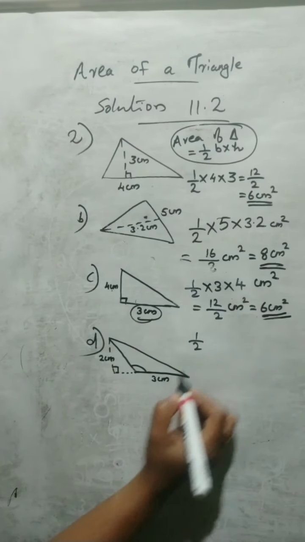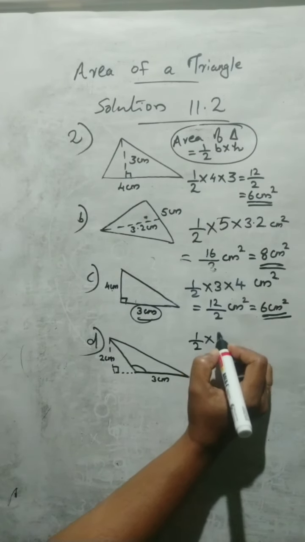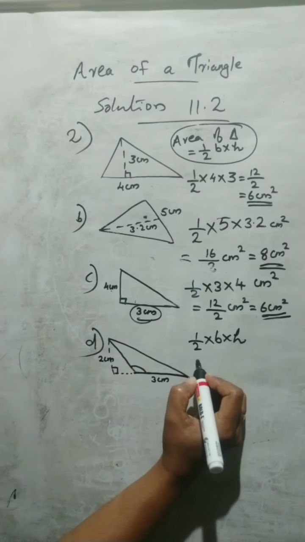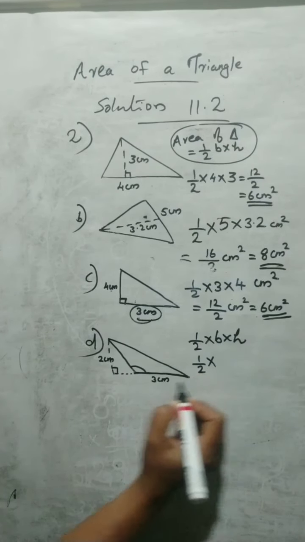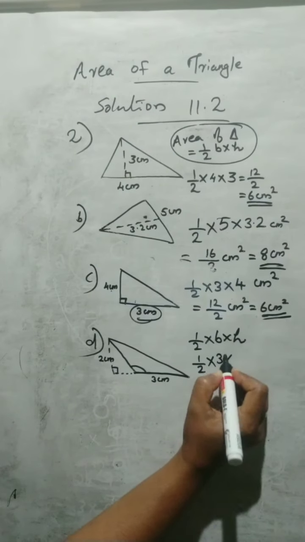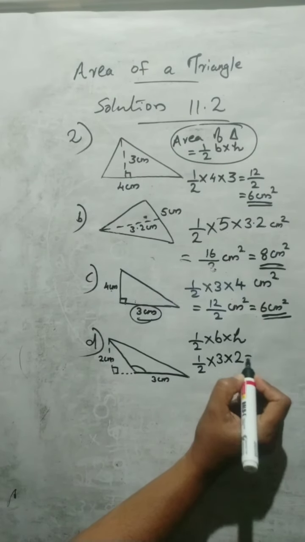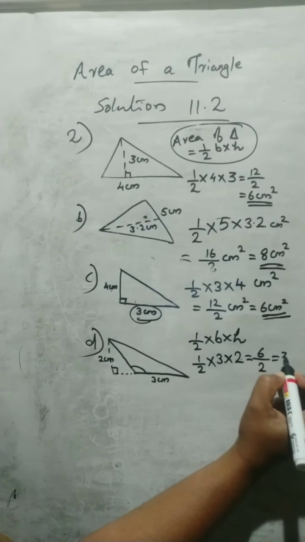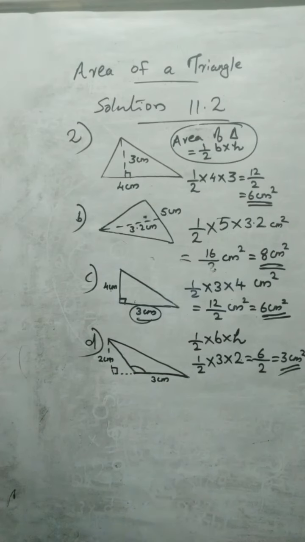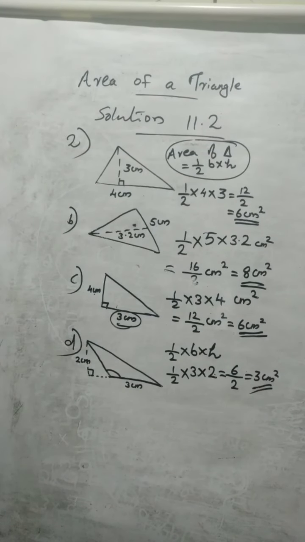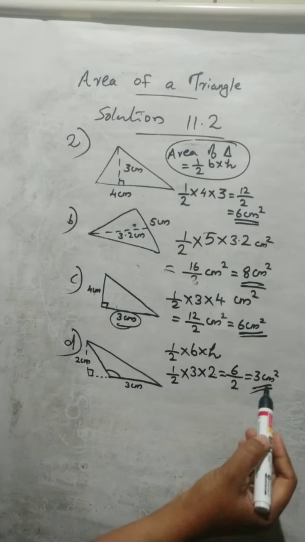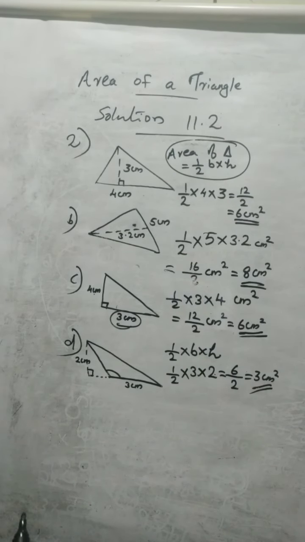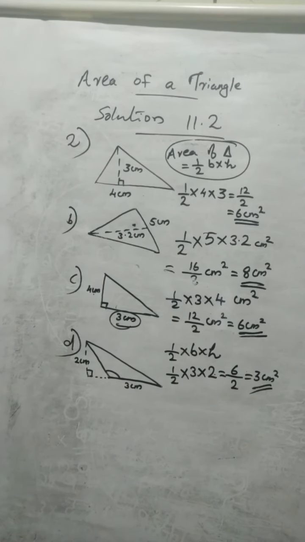The equation is half times b into h. So 1 by 2 times base 3 times h equal to 2. 3 twos are 6. 6 over 2 is equal to 3 centimeter square. So the area of this triangle is equal to 3 centimeter square. I think now you got the idea how we can find the area of a triangle.